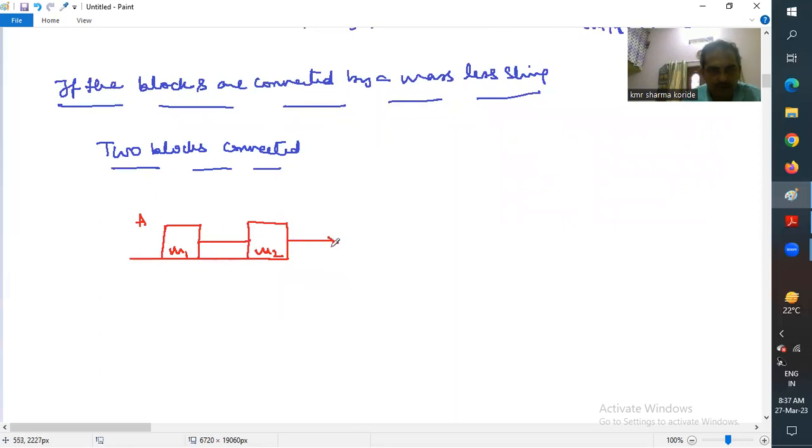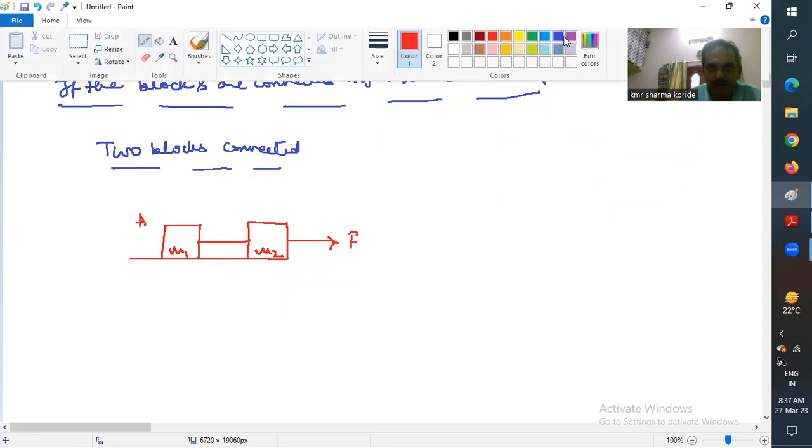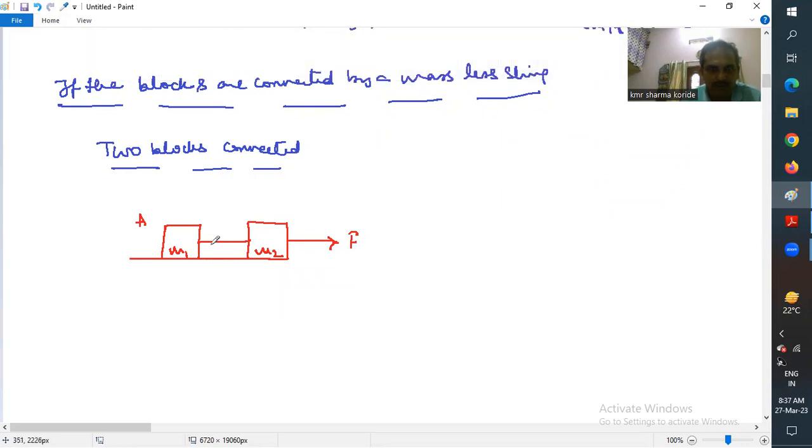Now force is applied on M2. So now instead of contact force, you have to call it tension. Tension is the stiffness or holds the weight of the body, in case a lift is moving up or moving down. Now there is only one string, so only one tension. Therefore tension opposes M2, but tension favors M1.